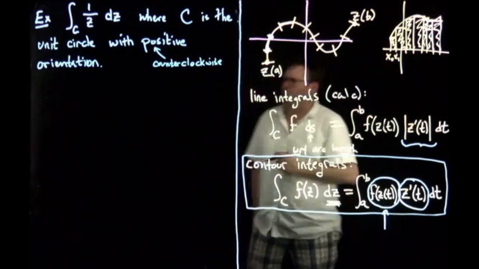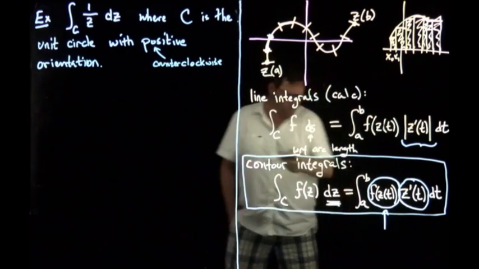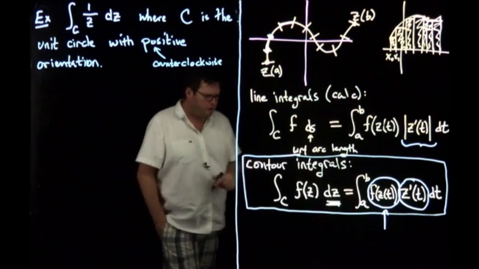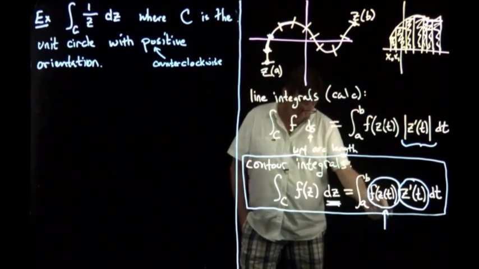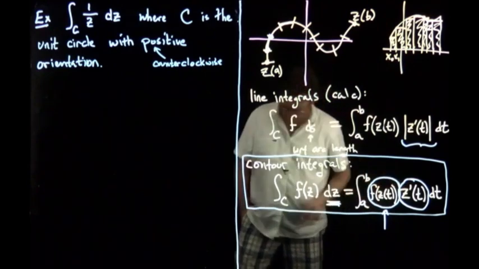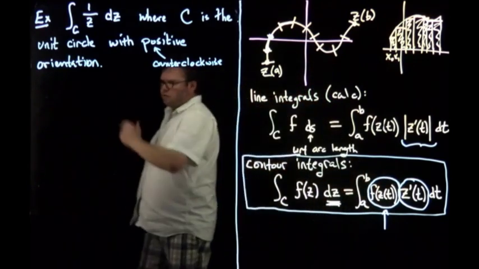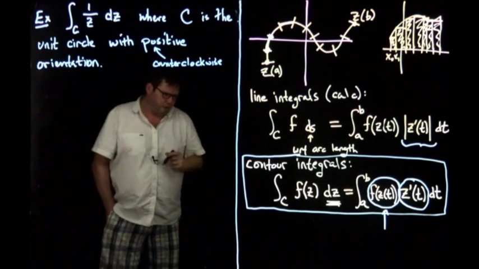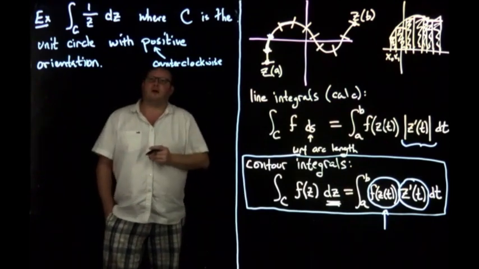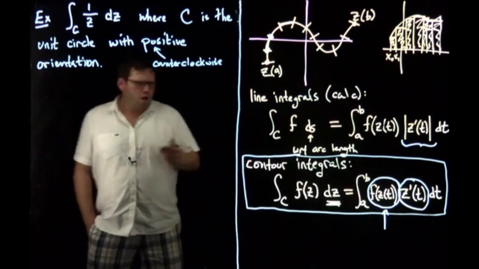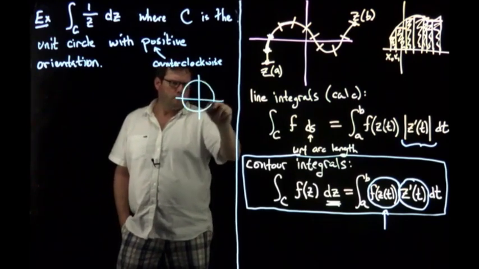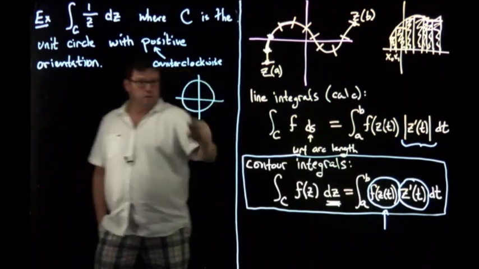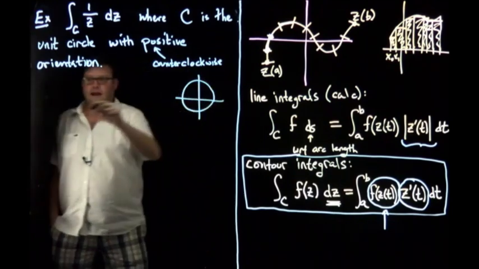Okay. Well, we look over here at our rule for the contour integral. We're going to have to plug the parameterization of the curve into the function, then multiply by the derivative of the curve. So first we need to find our z, so parameterize the curve. This one's easy, right? We're going to just parameterize it as e to the I theta.